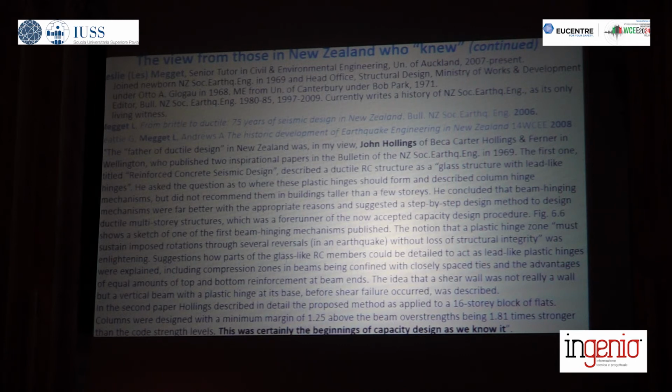He did a master's with Bob Park in '71, and he was editor of the New Zealand Bulletin for the Society of Earthquake Engineering for a long time, especially at its early years. And in this long citation, which appears on this slide, he gives a summary of the very influential papers of John Hollings concerning capacity design, and he also names John Hollings as the father of capacity design.